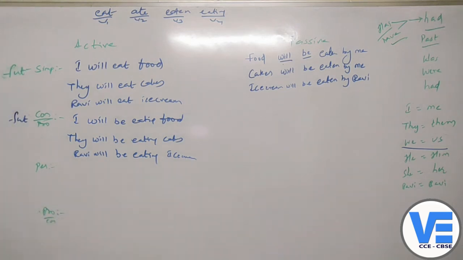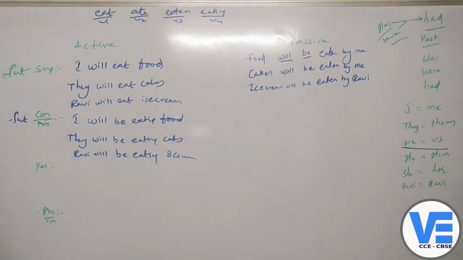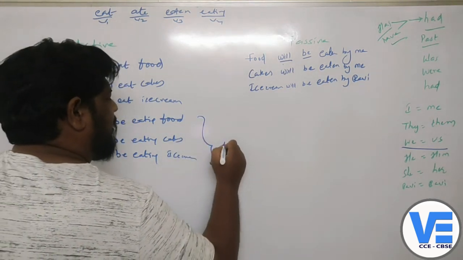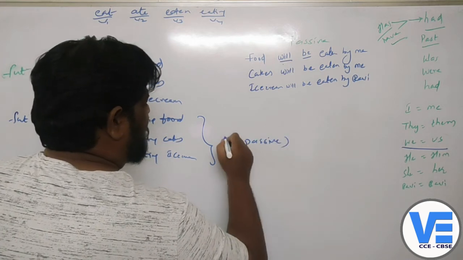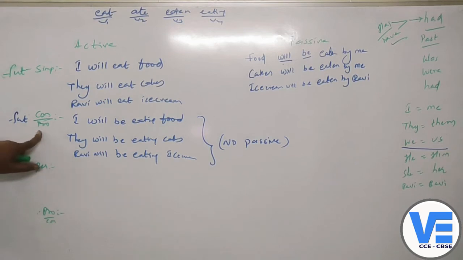Okay, so if you take these as examples, now can you convert this into passive voice? Here the future continuous or the future progressive cannot be written in the passive voice. So we will write here no passive voice. For future progressive or the future continuous, we don't have any passive voice to be written.